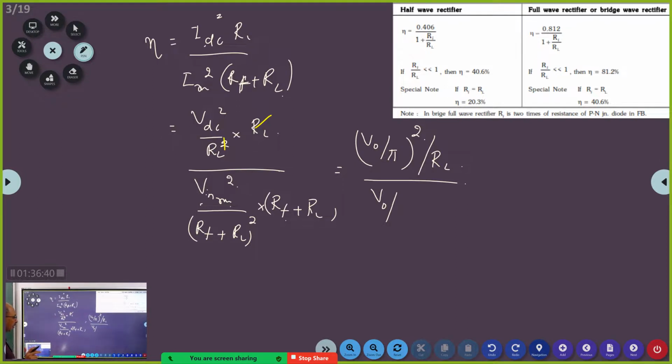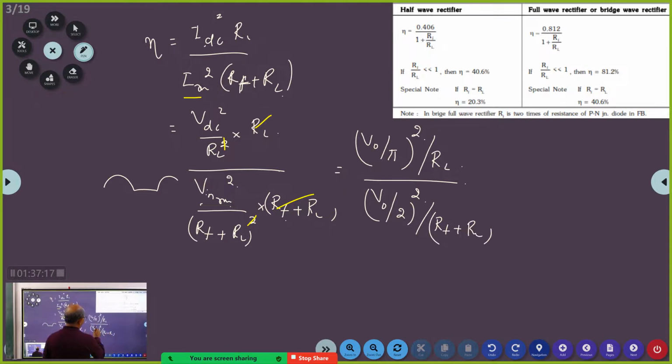V in RMS means you should only consider the half part of it. Then only it will become IRMS. So V in RMS will be V0 by 2, square. This will be left with RF plus RL.